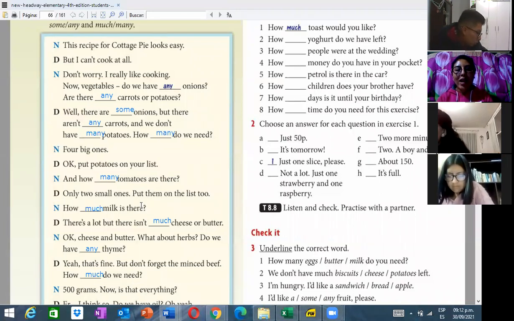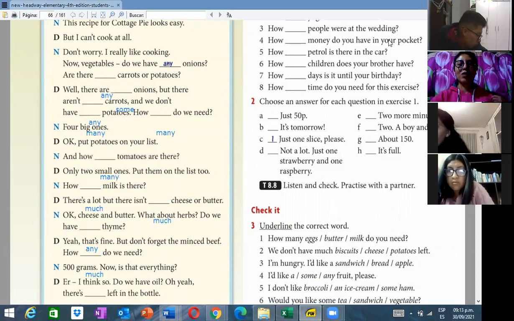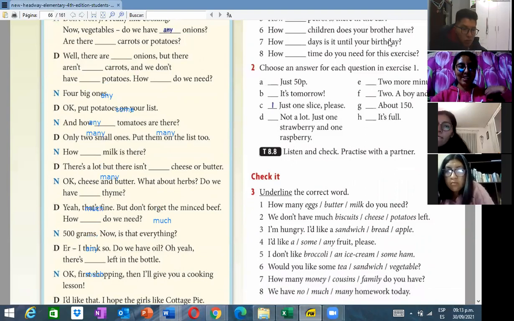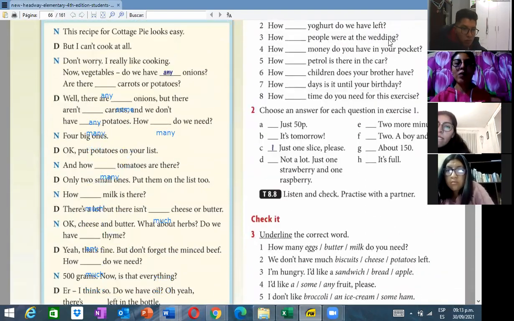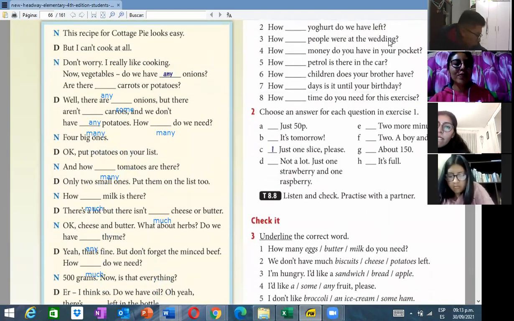$500. Now, is that everything? I think so. Do we have oil? The answer, or maybe not. Let me check. Oh no, we have to complete more. Yes. Now, is that everything? I think so. Do we have oil?